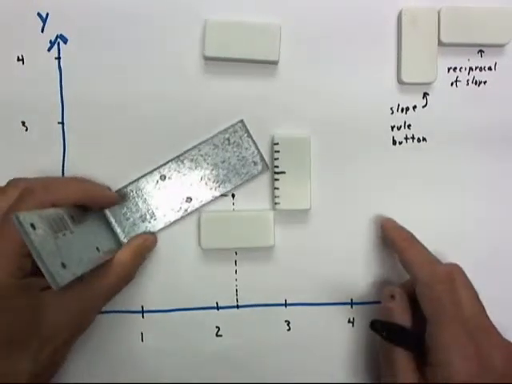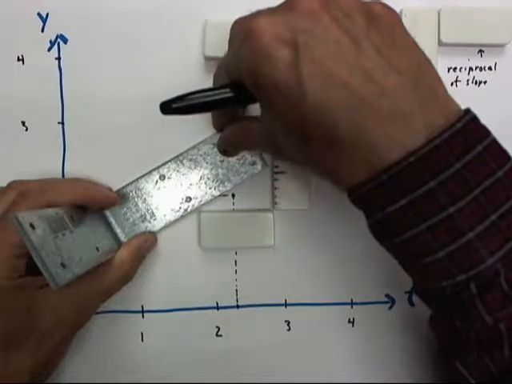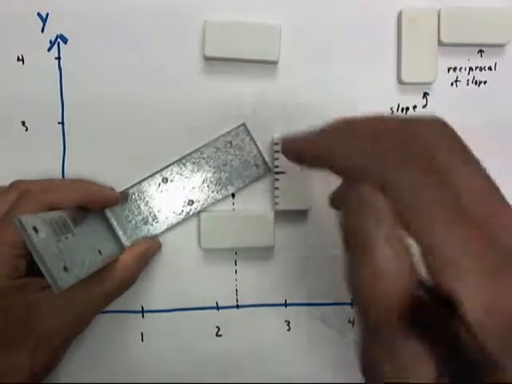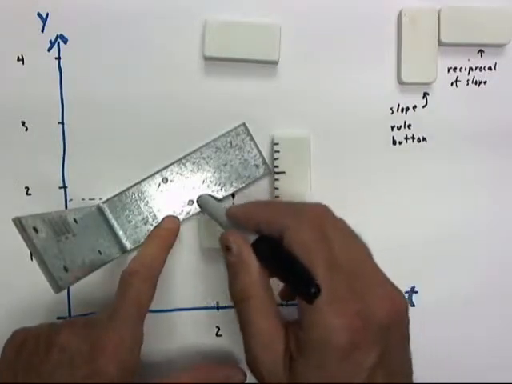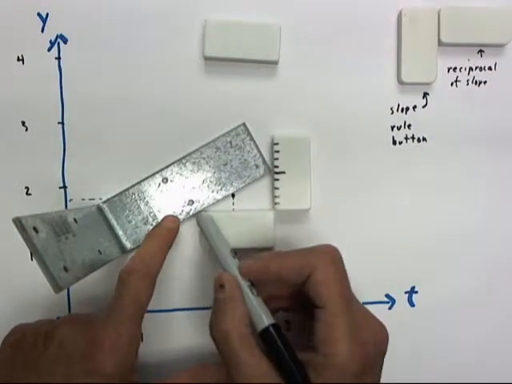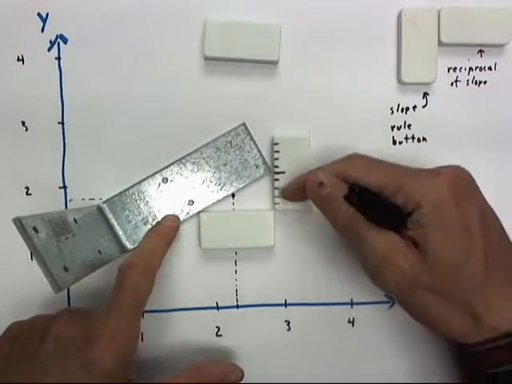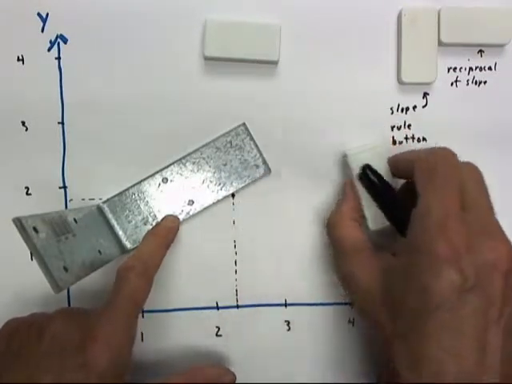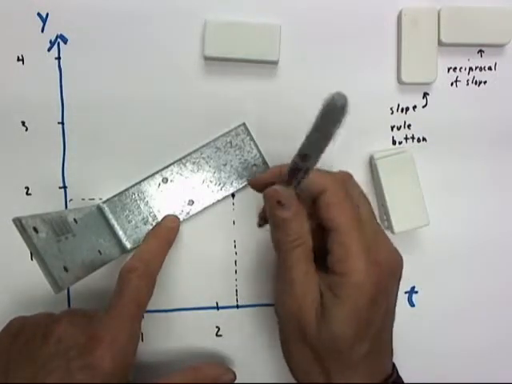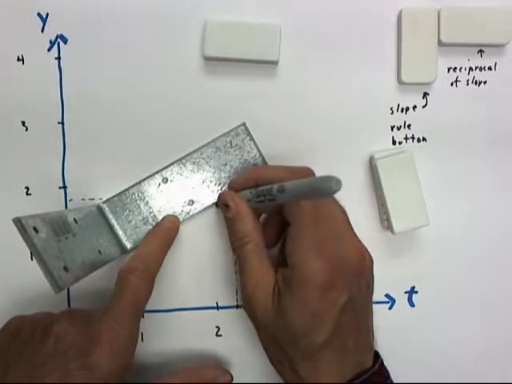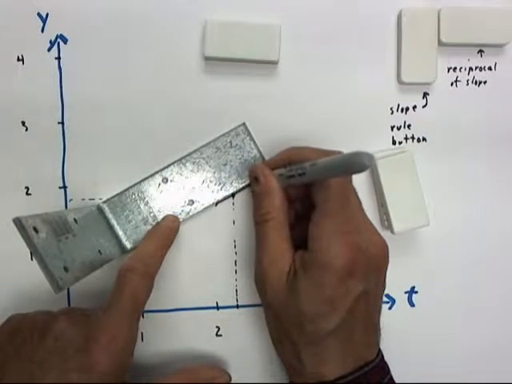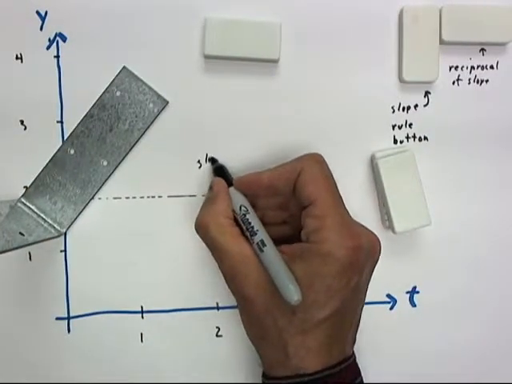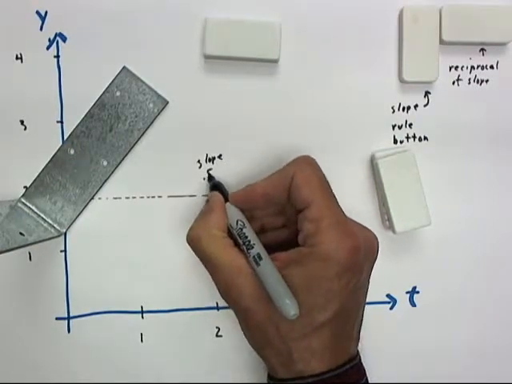And I'm going to create a slope of 0.5 by running this straight edge here from this corner to the 0.5 mark on this domino, and then I'm going to sketch a line segment. Now this line segment has a slope of 0.5.